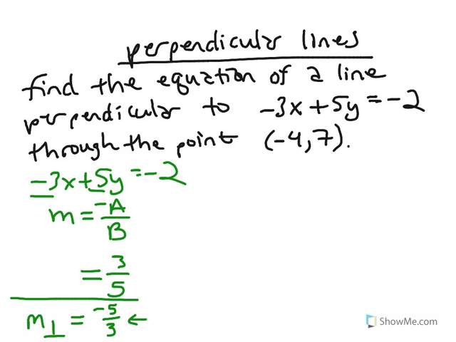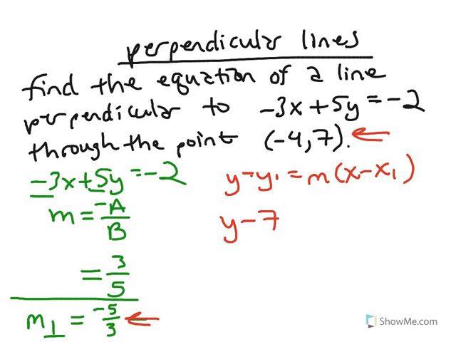Now that we have a slope and a point, it's time to use point-slope form. Y minus y1 equals m times the quantity x minus x1. So we have y minus 7, that's x1, equals m, our slope is negative 5/3.